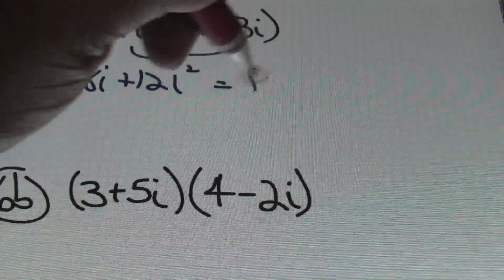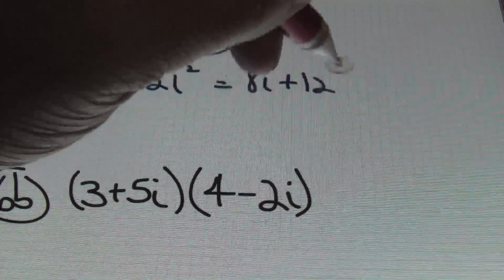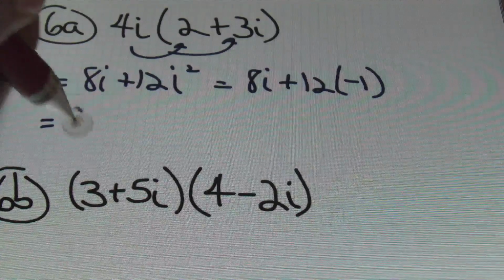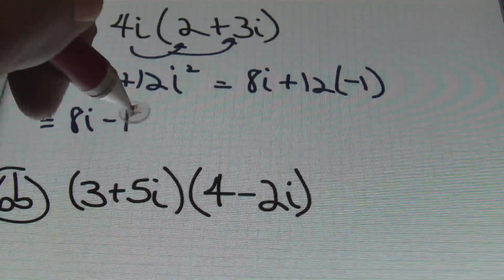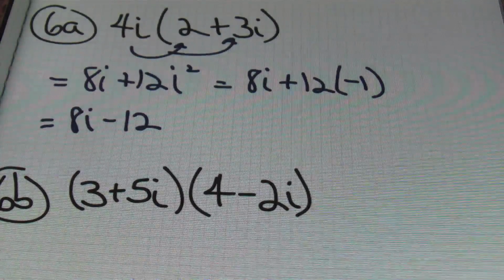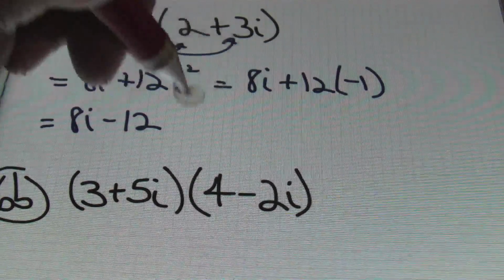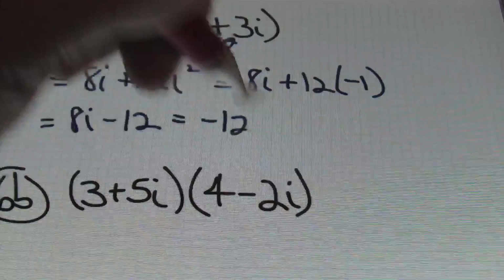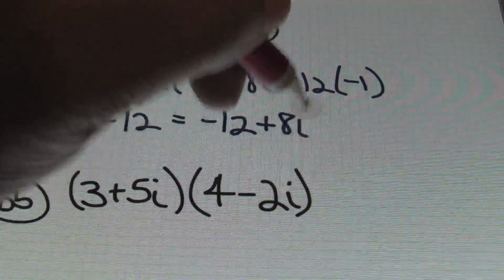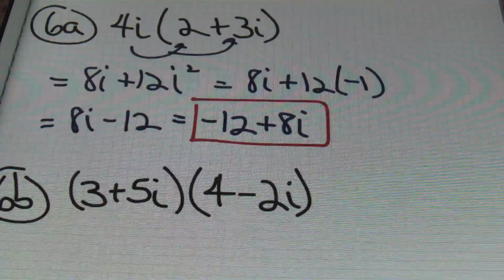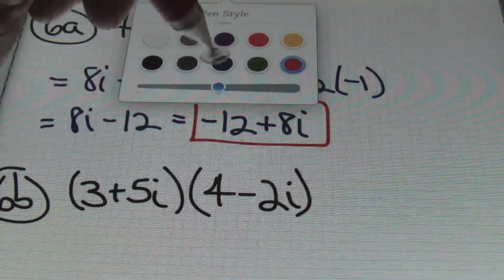So I'll rewrite it as 8i plus 12 times negative 1. Then multiplying, we know that we'll have 8i minus 12, but remember, in standard form, you must write your real number first. So the way you'll submit your answer is as negative 12 plus 8i, and that's it. Red boxing it. Okay, next problem.